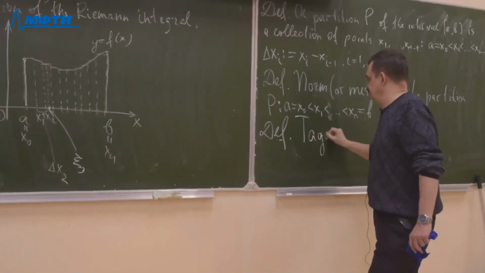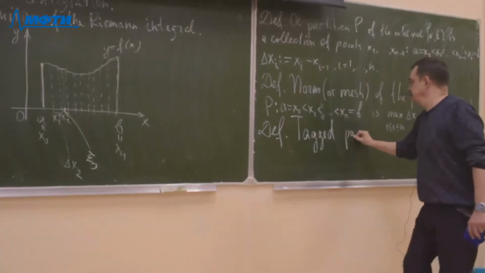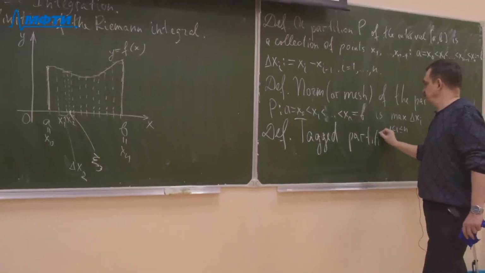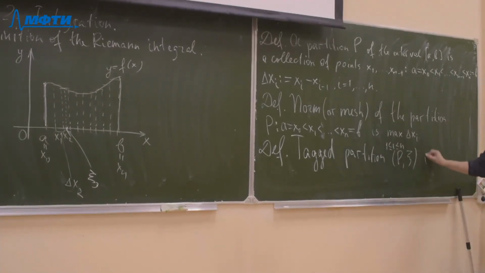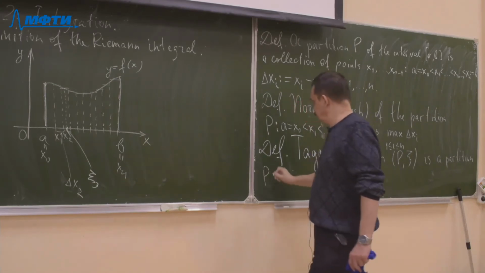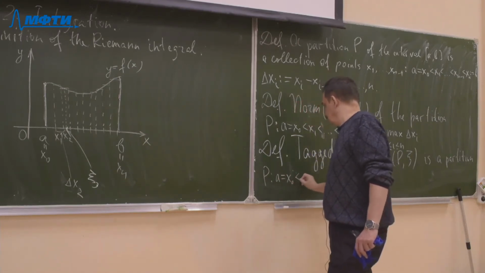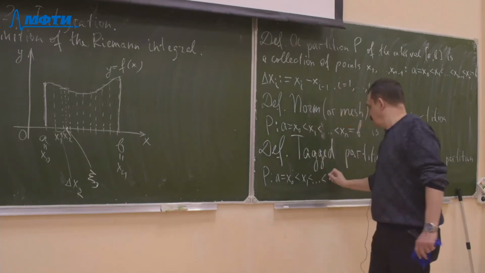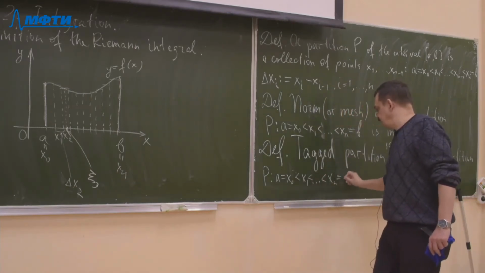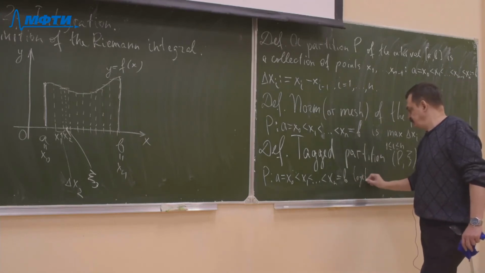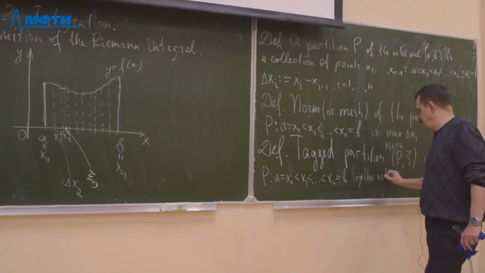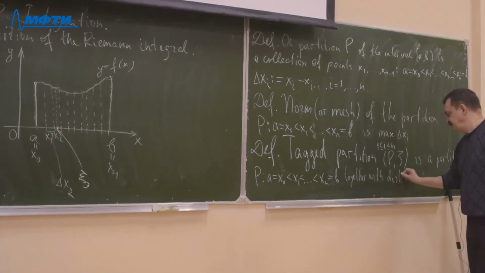Tagged partition P xi is a partition P, okay, let me list all points in that partition together with distinguished points.